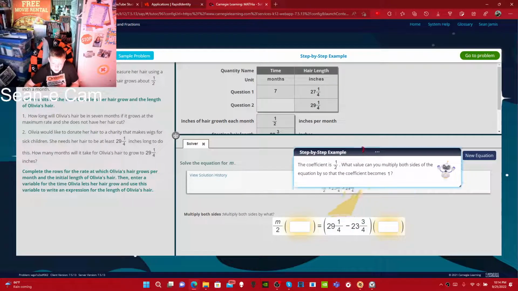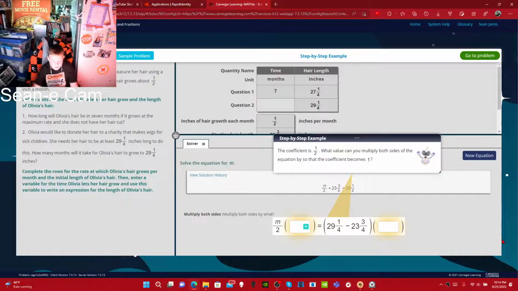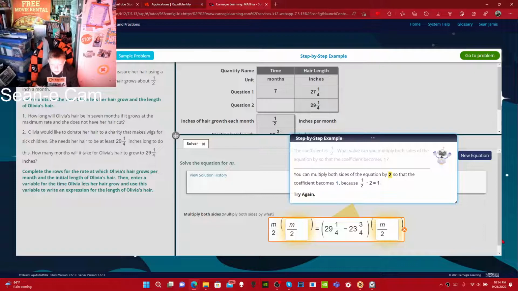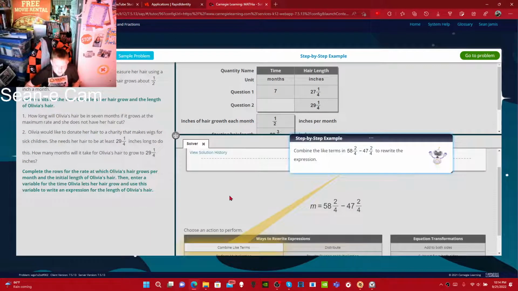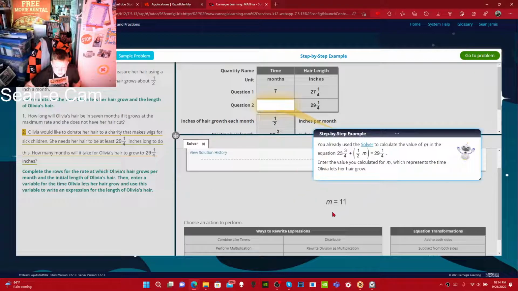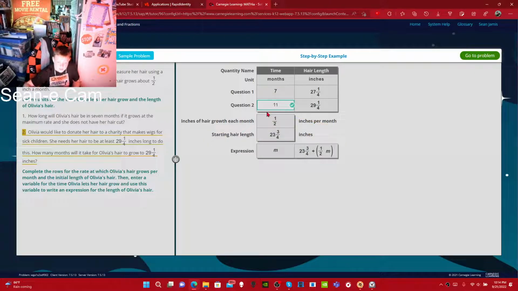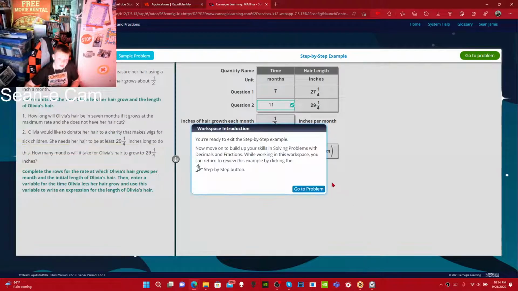These boxes always get in the way. We do m over 2. Okay, we multiply both sides of the equation by 2 so that the coefficient becomes 1, because 1/2 times 2 equals 1. Good to know, actually. Okay, that's fine. It's even more groundbreaking. Then you combine like terms, and we type in our number. That's at the end.